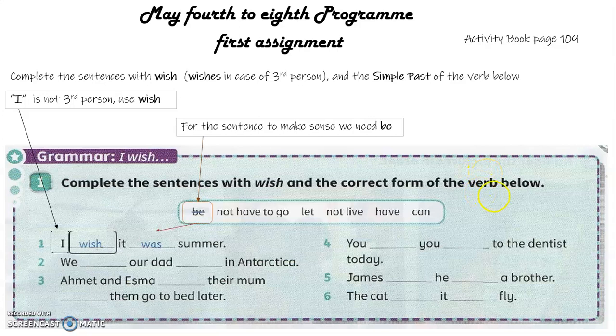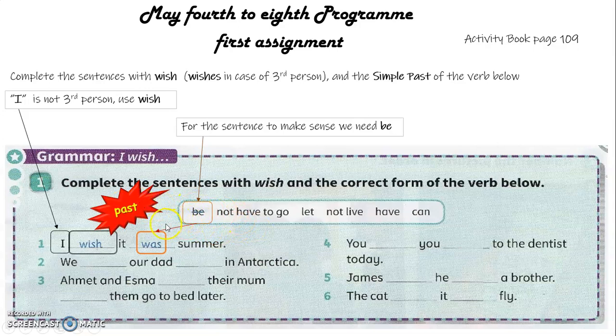Okay, we need to check in this list of verbs we have in this box which one makes sense with the sentence we have here. In this case, the one we need is be. But pay attention to this. We need the past of be, not the present, which is a common mistake when we are working with wish.